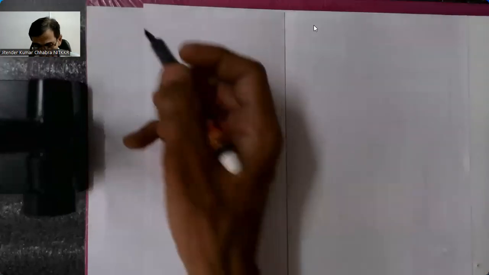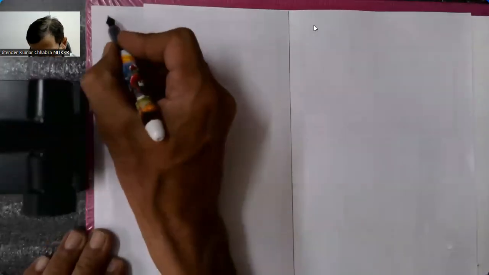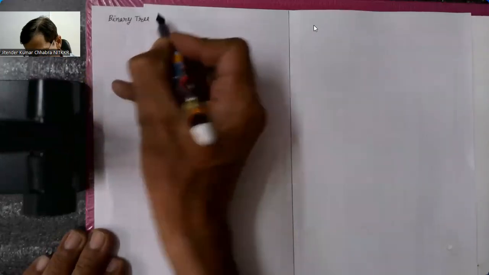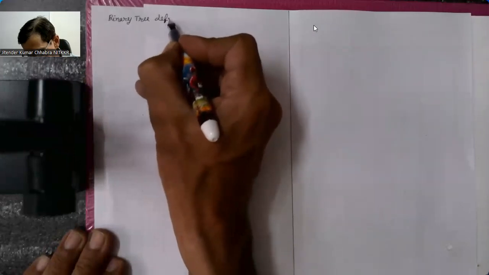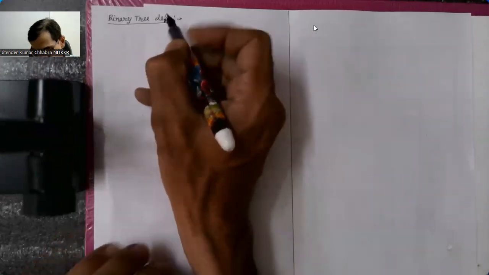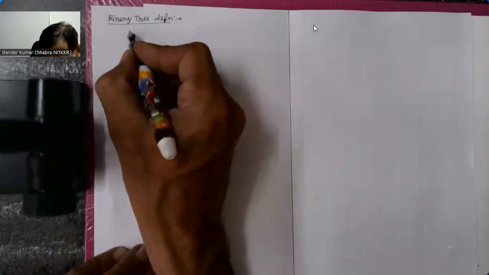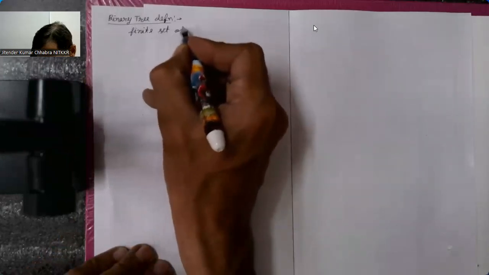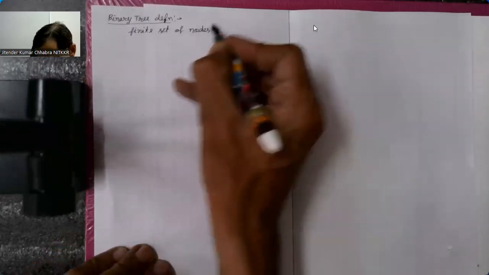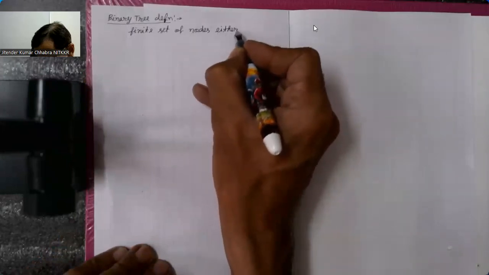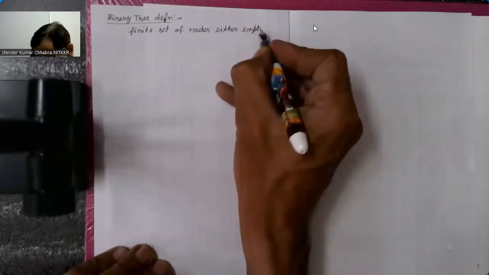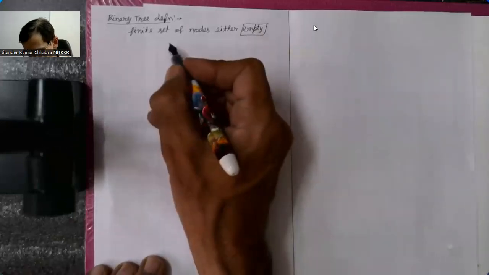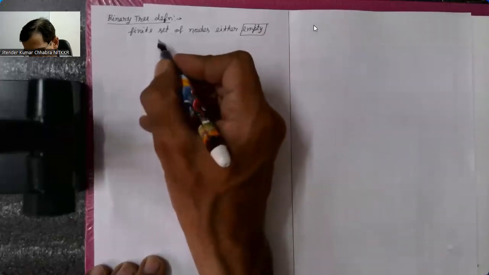So now let's try to mathematically define a binary tree in the similar manner to what we have already done for trees. So I say again, in the similar way, it will be a recursive definition. And I say it's effectively a finite set of nodes. Of course, a finite set of nodes, but it could be either empty also. In a tree, we didn't say that it could be empty, but here we say it can be empty, and this word empty is useful for writing it in a simpler manner.